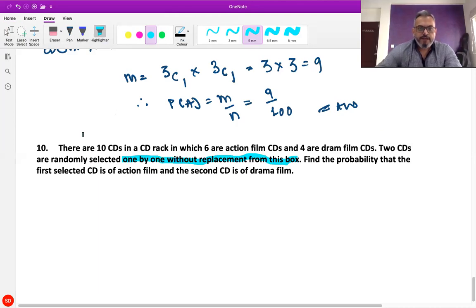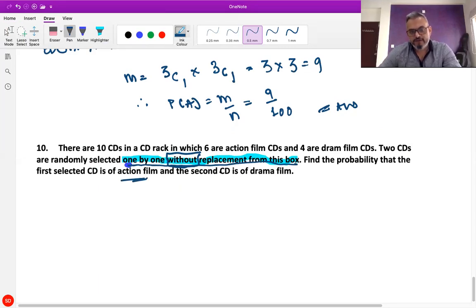So यहाँ पे one by one we have selected without replacement. ध्यान देना इस वर्ड पे, without replacement from this box. Find the probability that the first selected CD is of action film and the second CD is of drama film.